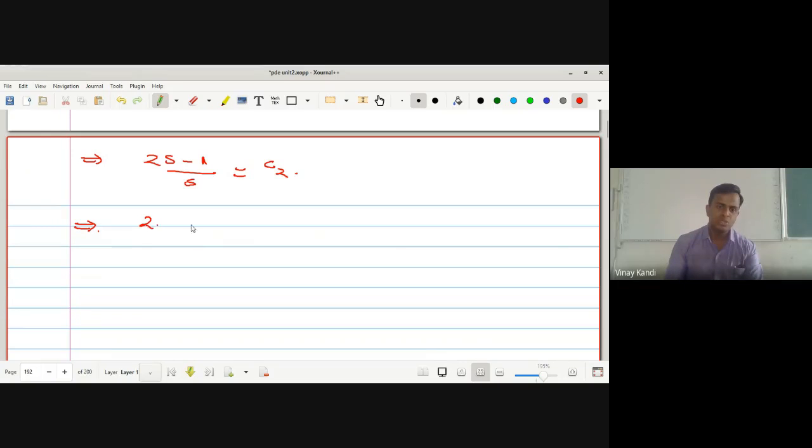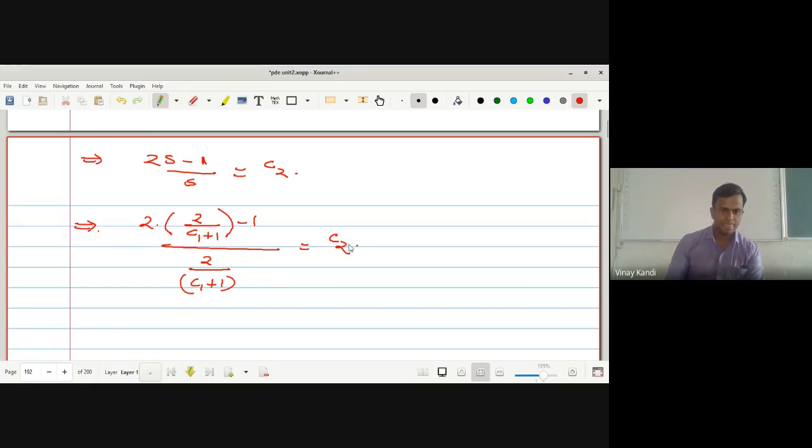That implies 2 into the value of s, which is 2 upon (c1 plus 1), minus 1 upon the value of s, which is 2 upon (c1 plus 1), is equal to c2. Correct?